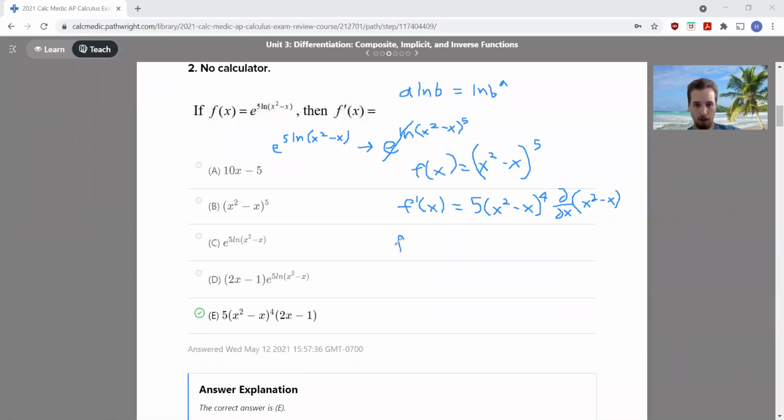We still have this 5 times x squared minus x to the 4th. But the derivative of the inside is 2x minus 1. Right? Derivative of x squared, again, that's power rule. We decrease the power by 1, bring the power to the outside. It's 2x. Derivative of minus x, well, derivative of x is 1. So it's going to be minus 1. So we get the 2x minus 1. This is our answer right here.